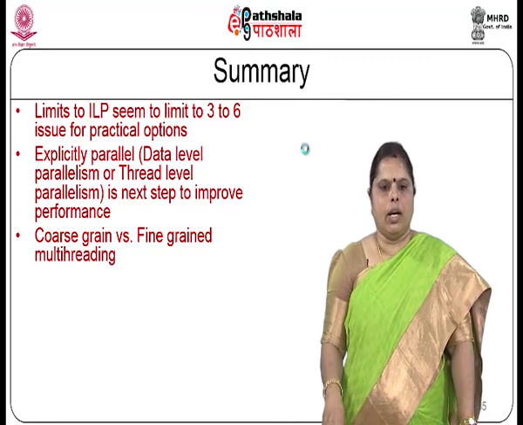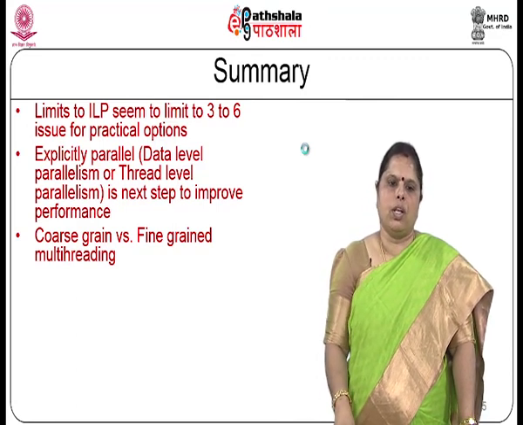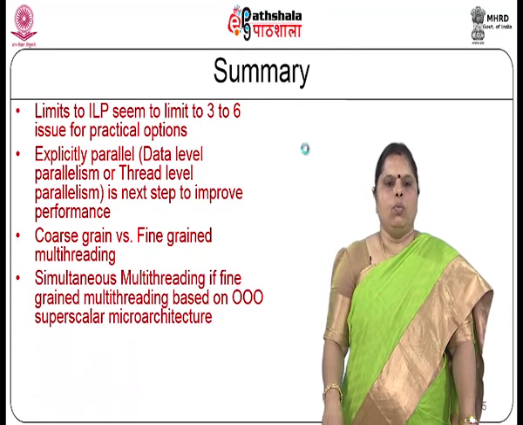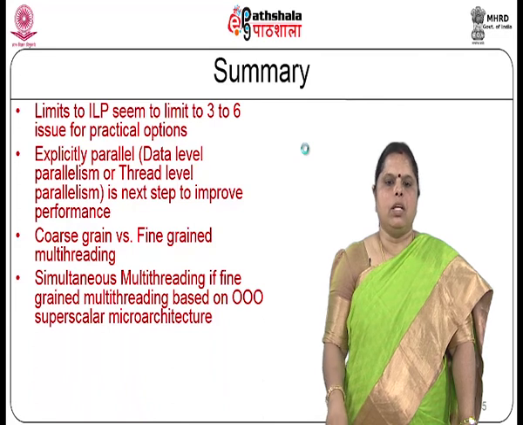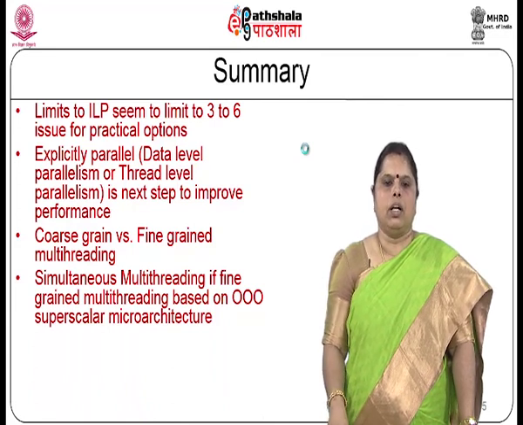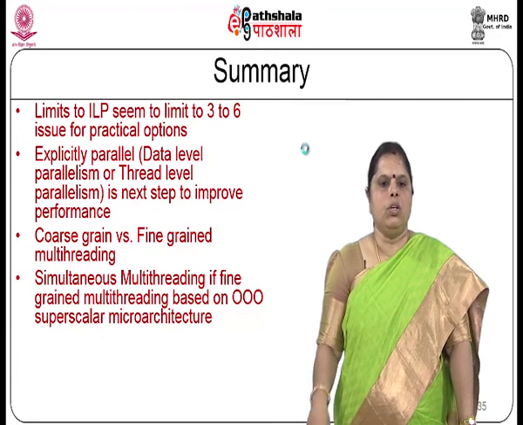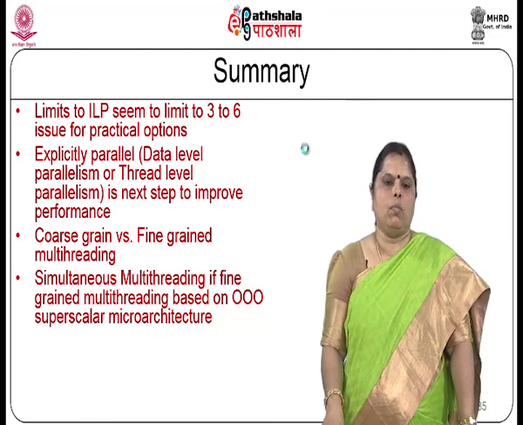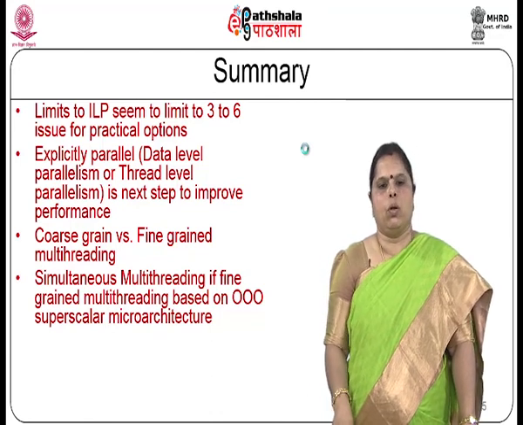Thread level parallelism can be exploited with coarse grained multithreading or fine grained multithreading. We also discussed the concept of simultaneous multithreading. Simultaneous multithreading is fine grained multithreading based on out of order execution, superscalar micro architectures, where different threads of execution are issued in the same clock cycle.